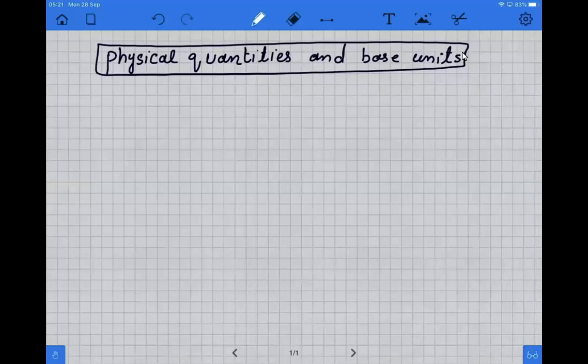In this class, we are doing the first 8 base units. The first base unit that we are doing is velocity. Velocity is basically a vector quantity.